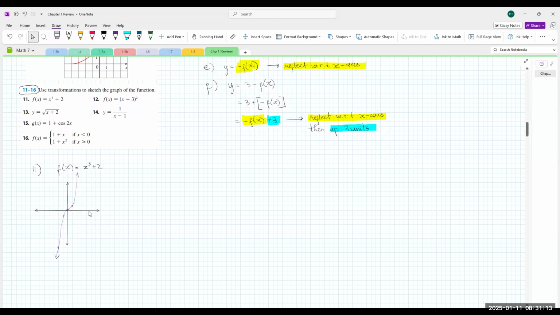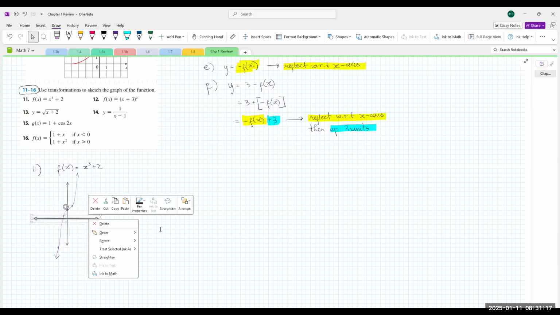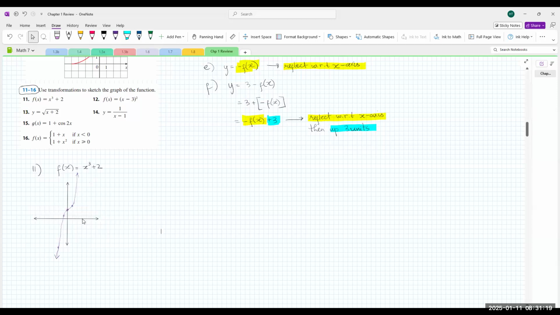Or we can also move the x-axis down by 2 units, and it will give us exactly the same graph. Okay, that's for number 11. So we take the graph of x cubed and then move it 2 units up.